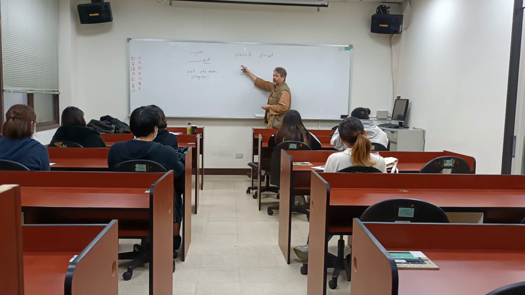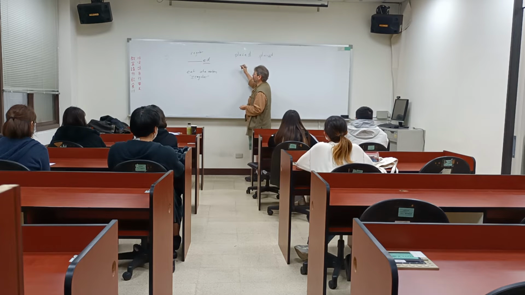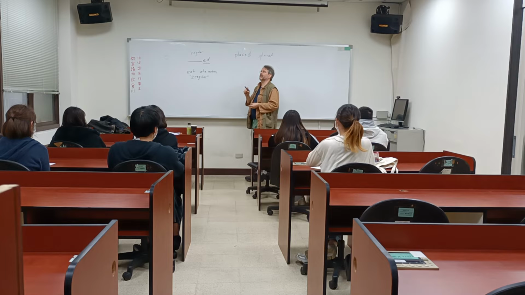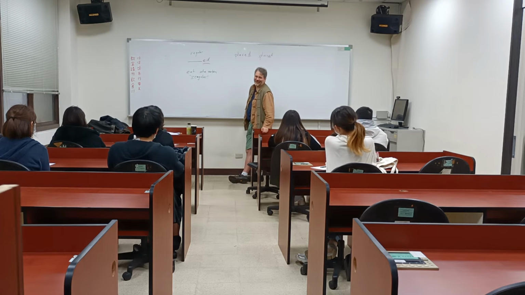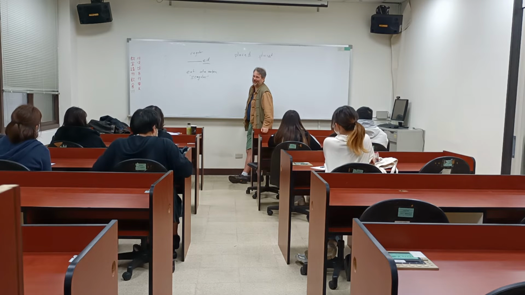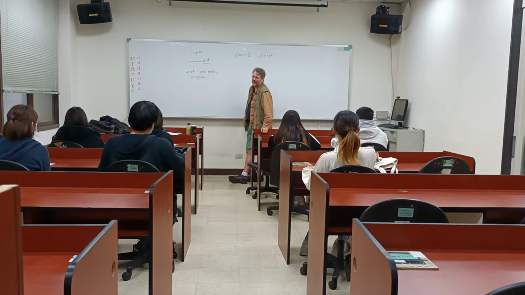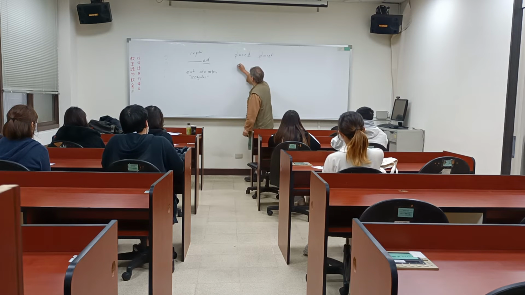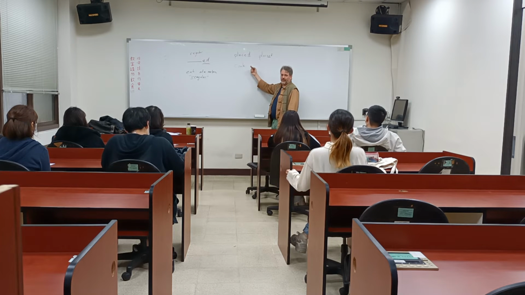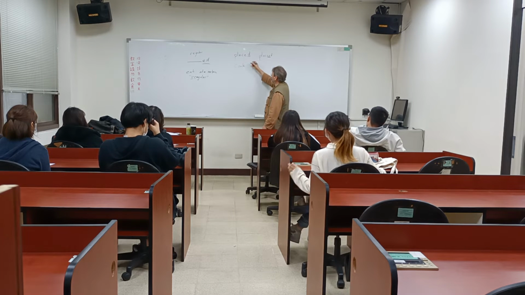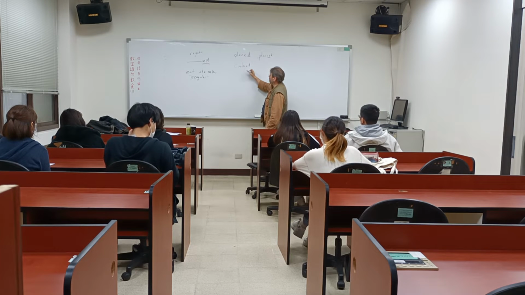When we have a word that ends with a normal consonant, like for example, cook. Okay. Then after this, well, we can't just add a D, so we need to add an E in between.